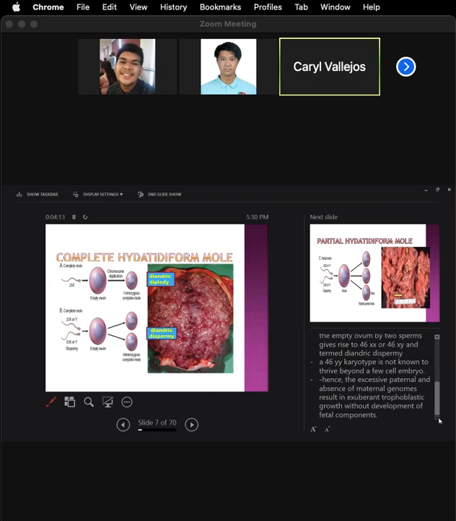So meaning to say, the paternal genomes are the ones responsible for these excessive vesicular tissues. Another formation is diandric dispermy. This is the fertilization of an empty ovum by two haploid sperm, resulting in diandric dispermy.